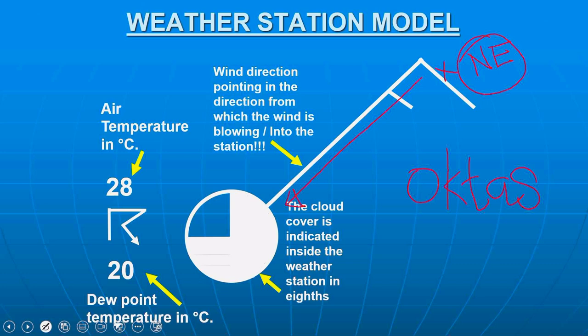So in this case, you can see that 3/4 of that cloud cover are occupied. So it will be 3/4 octas. Okay? At the moment, I would encourage every learner to be able to master that unit, because you never know.